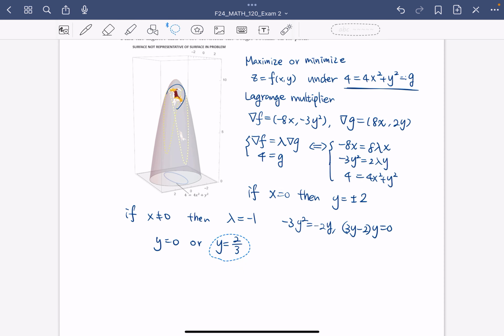So if y equals 0, then x equals, so maybe we can do this more slowly. Then 4 equals 4x squared plus y squared, which is the equation right here.